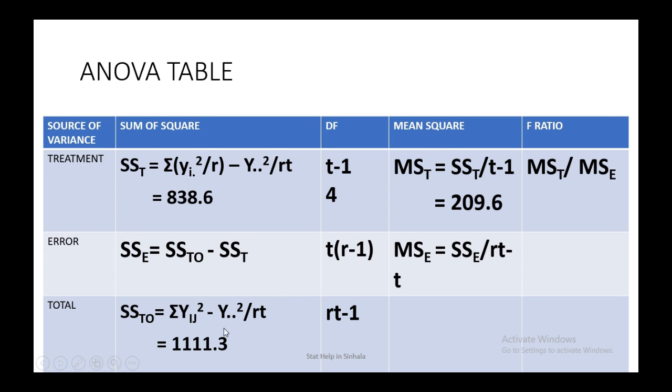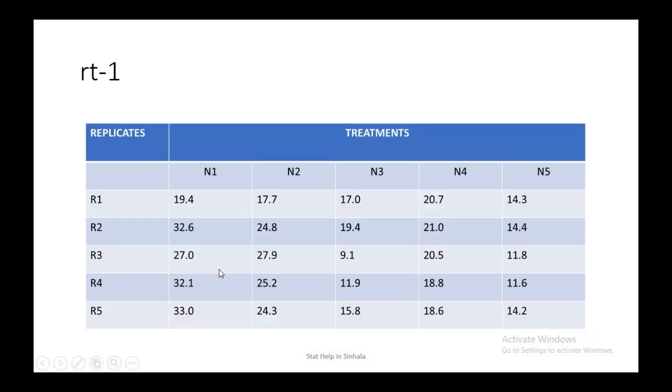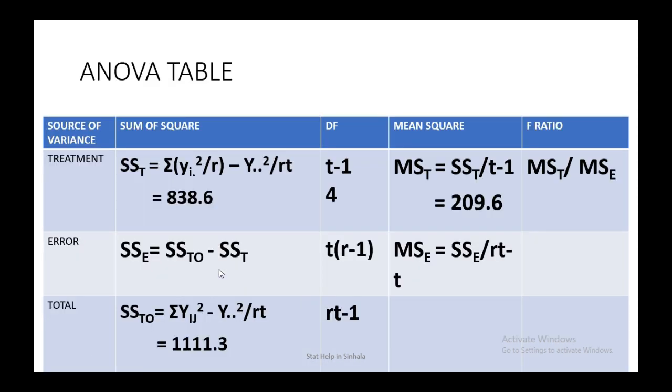So now we have sum of square treatment, degrees of freedom for the treatment, and mean square for the treatment. Now we have sum of square total as well. If we have sum of square total and the sum of square treatment, we can calculate sum of square error. Sum of square error is sum of square total minus sum of square treatment.